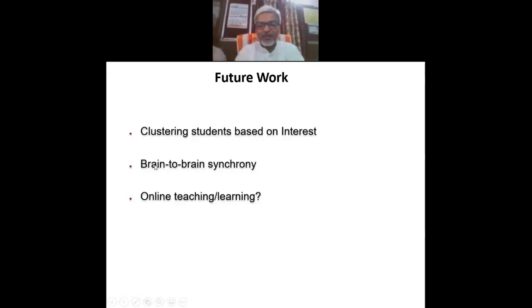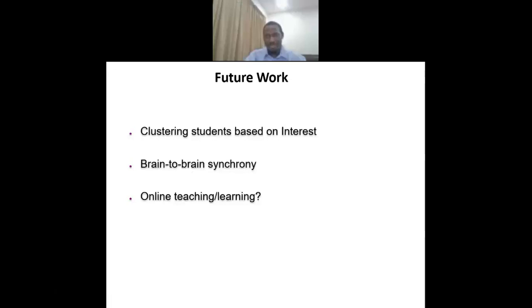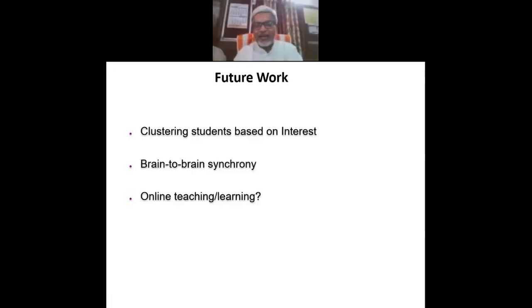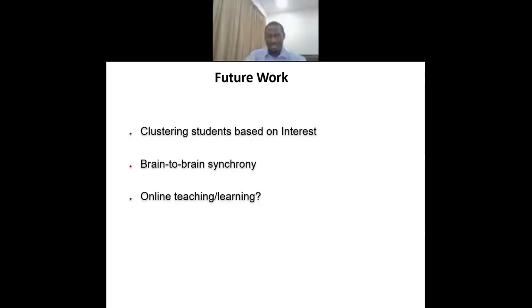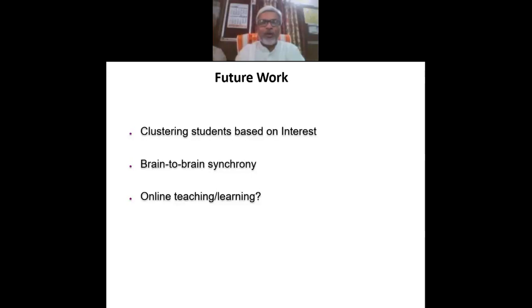Another thing, still called brain-to-brain, but this time we could look at the teacher himself. What is the connection between the brain of the teacher and the brain of the students? Can we get some information out of it? Because that would be extremely important. From the previous work, we talked about differentiating high interested and low interested, but we know that this could be affected by the teacher himself.